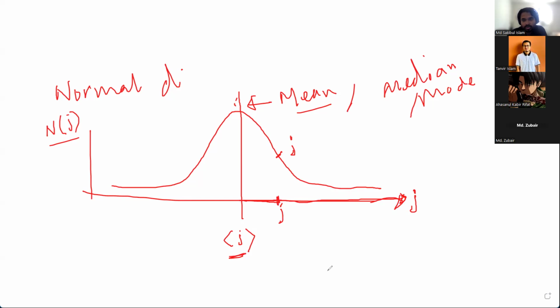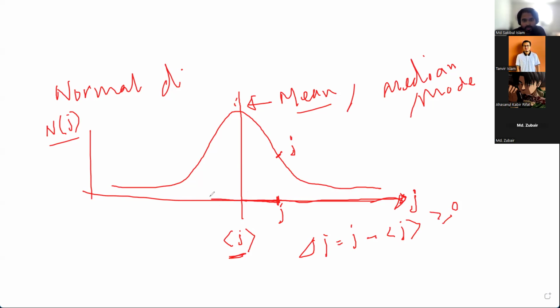So if you take j minus average j, your delta here will be positive. I believe you understand that because here j is greater than the average value of j, so this value will be positive.